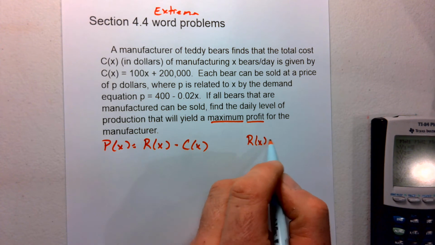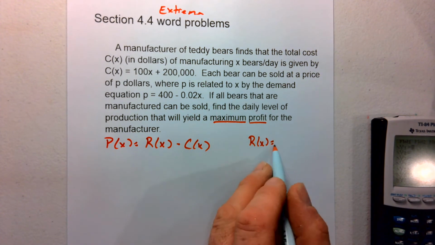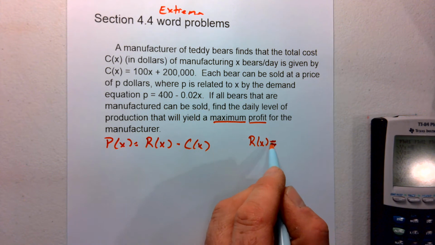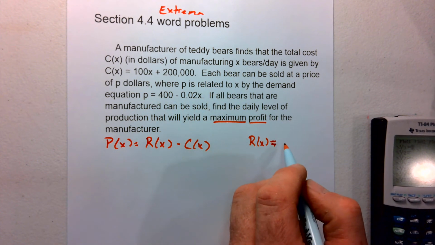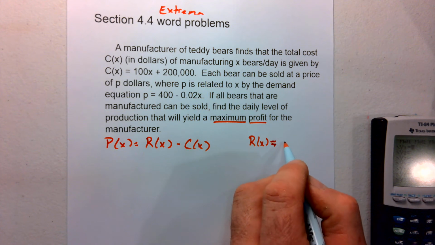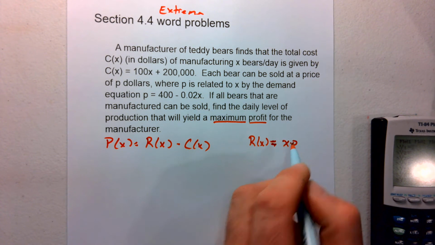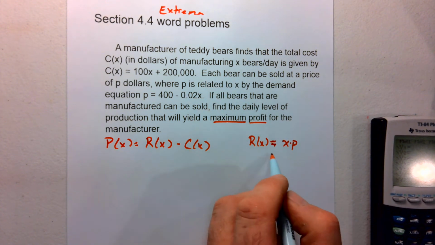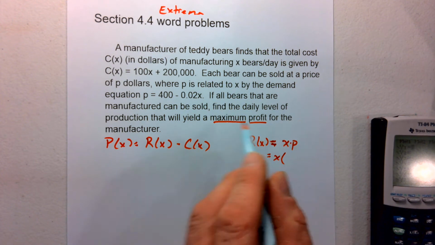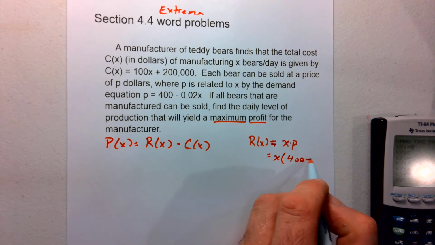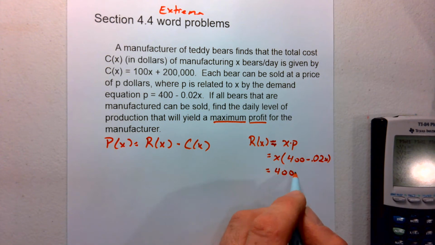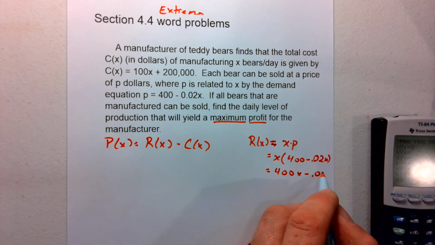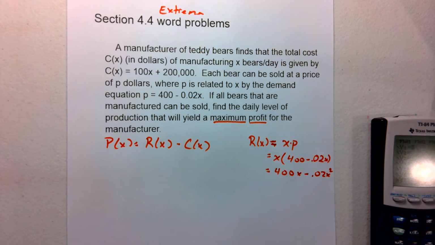The revenue function comes from the demand function, the price, multiplied by the number of units that we sell. So it's x times p. We take x times that price, 400 minus x/200, or simplified, 400x minus x squared over 200.